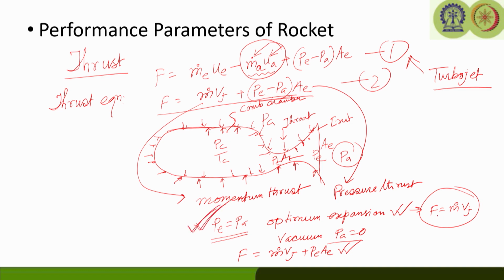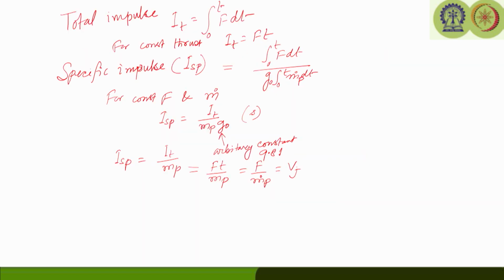So, we have the thrust equation as F equal to m dot Vj. So, we write the equation for ISP as total impulse by mp, which becomes F by m dot, which eventually becomes Vj. And this has the unit of velocity, which is meter per second. So, this is another way of expressing the specific impulse.